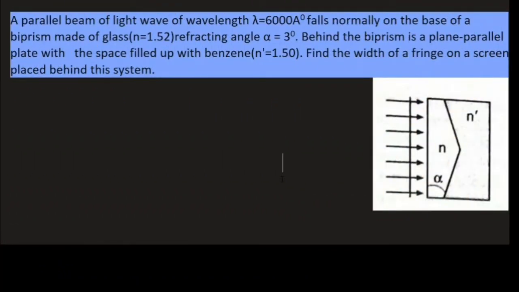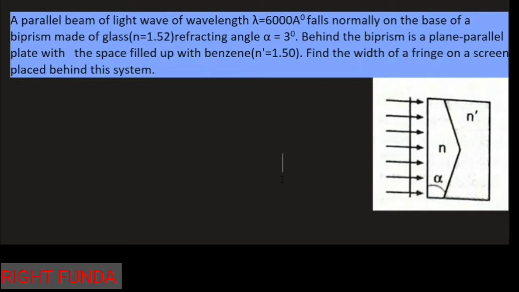Here is a question from wave optics combined with geometrical optics. So let's read the question. A parallel beam of light of wavelength 6000 angstrom falls normally on the base of a biprism made of glass with refractive index 1.52 and refracting angle alpha equal to 3 degrees.